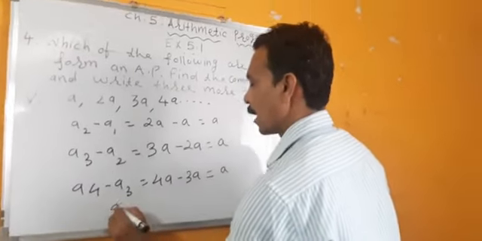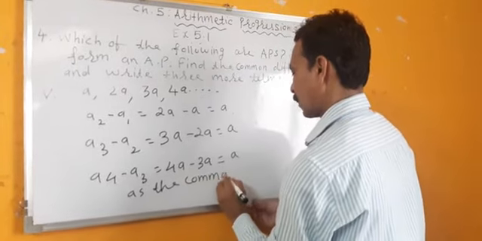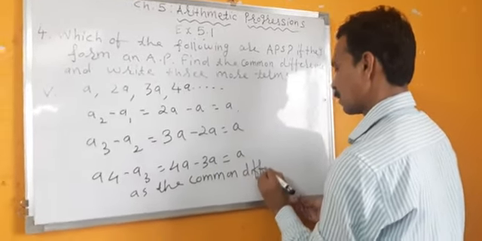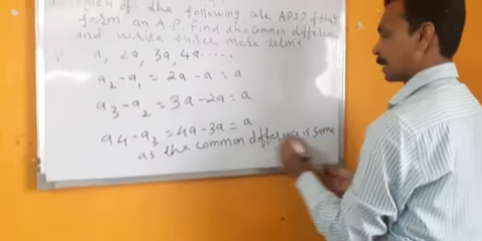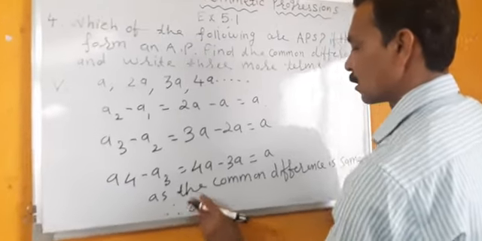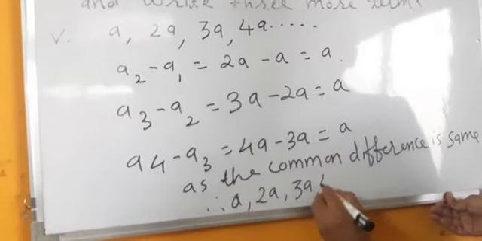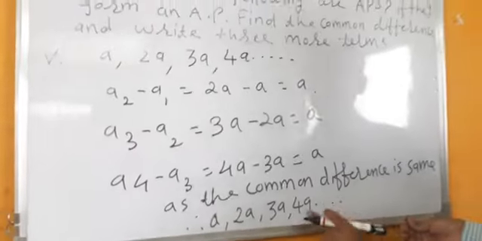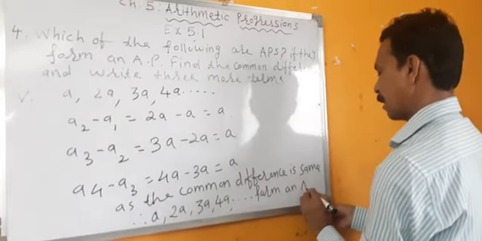Then I write that the common difference is same. Therefore A, 2A, 3A, 4A form an AP.